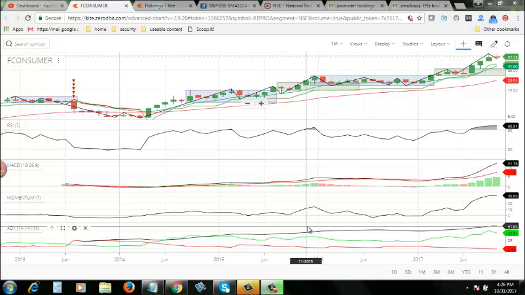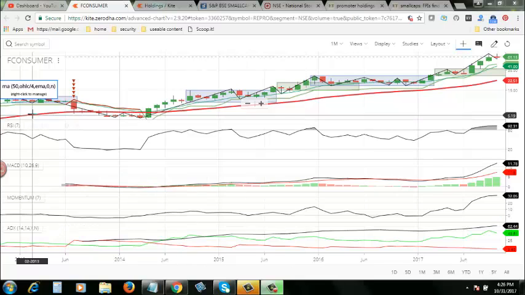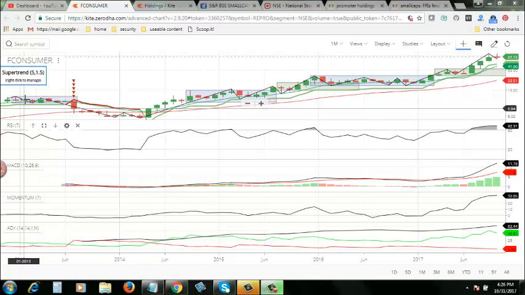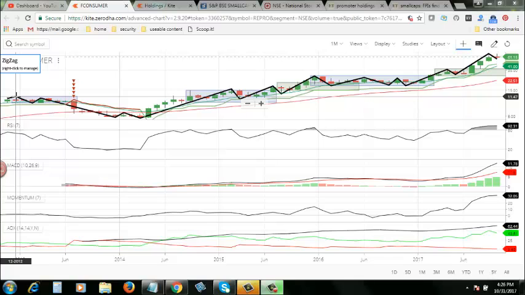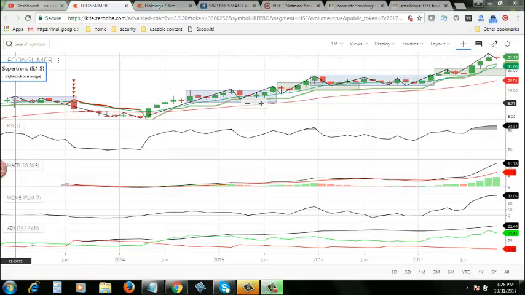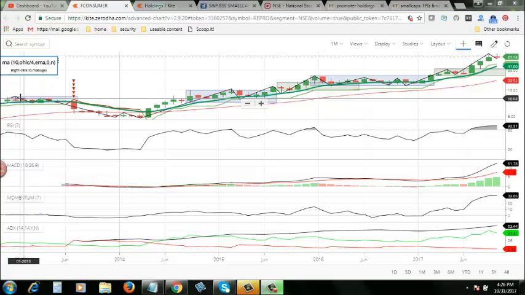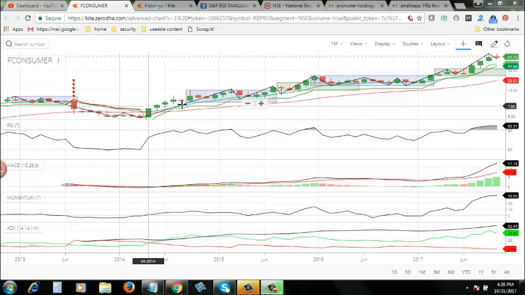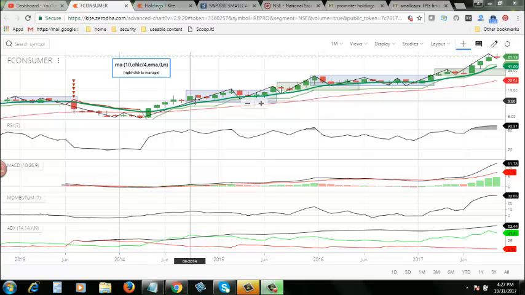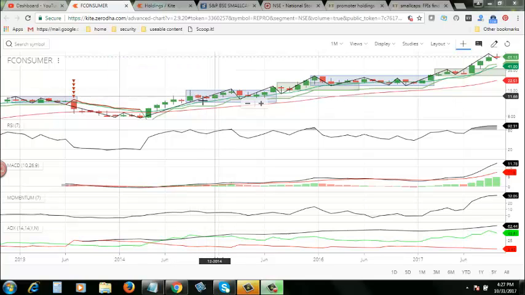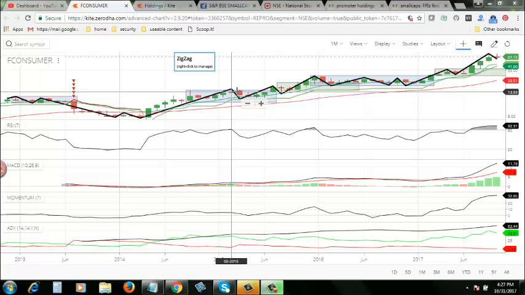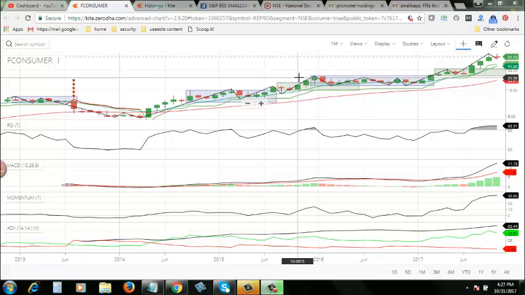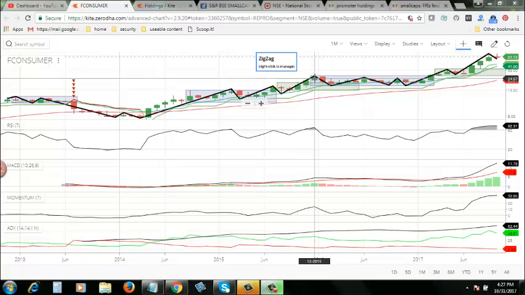Now, if you look at the price trend path of F Consumer stock, I have data here since 2013. Actually, this stock was moving sideways up to 2014, and after that it started its upward journey. It started making new highs, and the journey stopped here in December 2015.